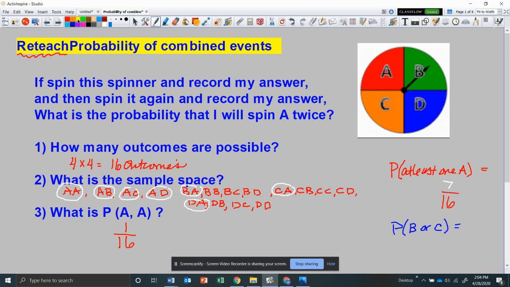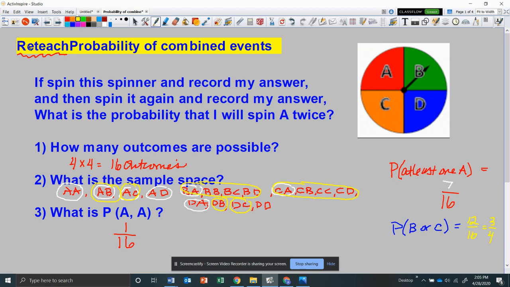Let's see, a B or a C. No B or C. Oh, here's a B. Here's a C. All of these have a B or a C. All of these have a B or a C. And then that one's got a B and that one's got a C. So I've got 1, 2, 3, 4, 5, 6, 7, 8, 9, 10, 11, 12 out of 16, which would simplify to 3/4 of the time, I'm either going to land on B or C.